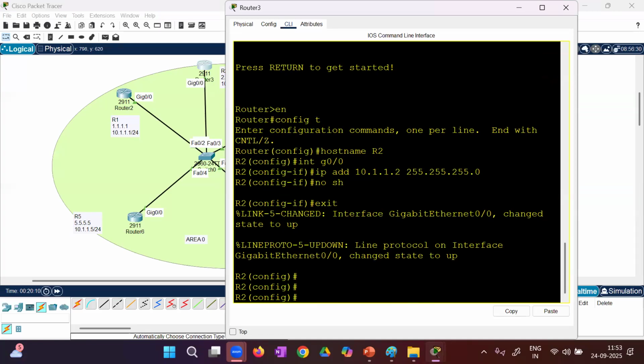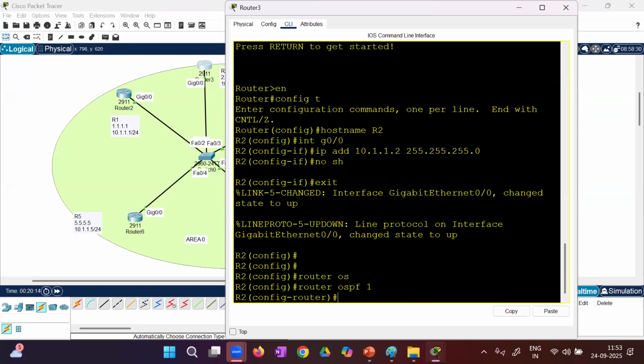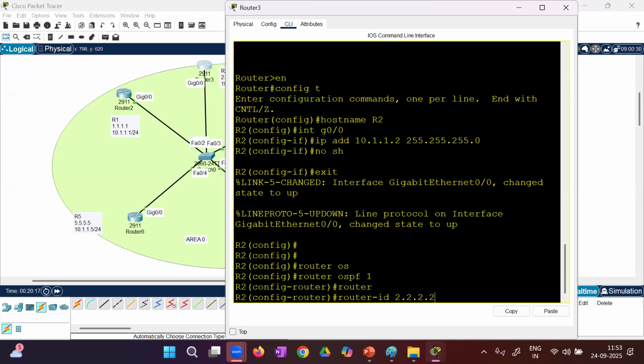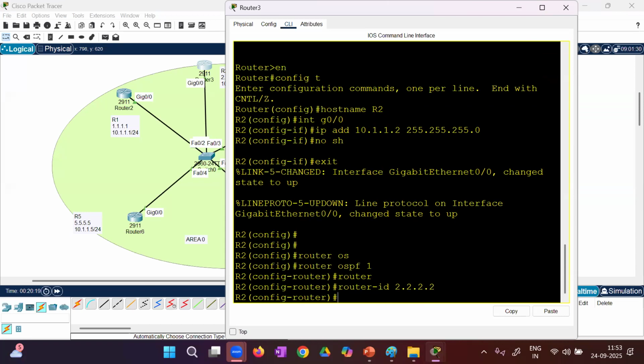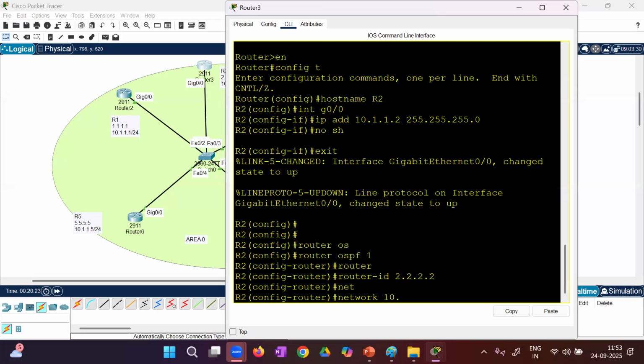Next, come to the second router. Give router OSPF 1. What is the router ID? 2.2.2.2. The IP has already been configured. Network is 10.1.1.0, 0.0.0.255, area 0.